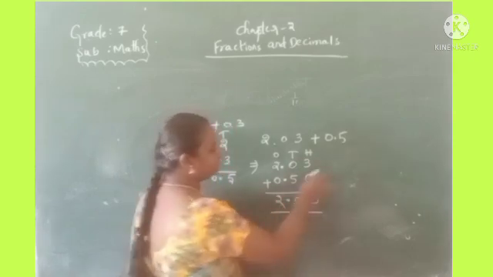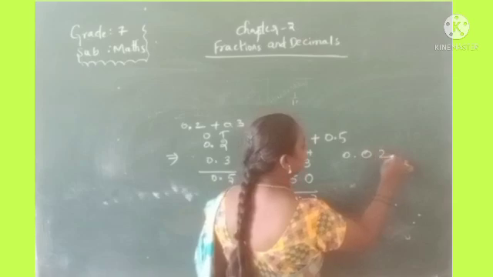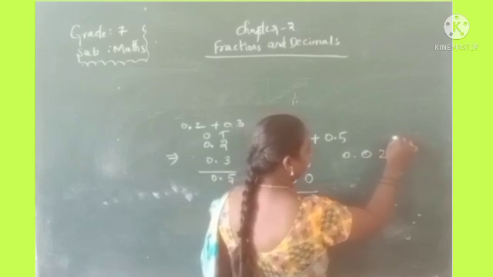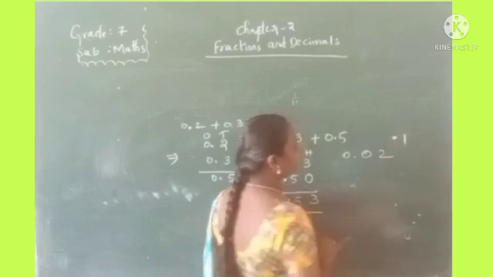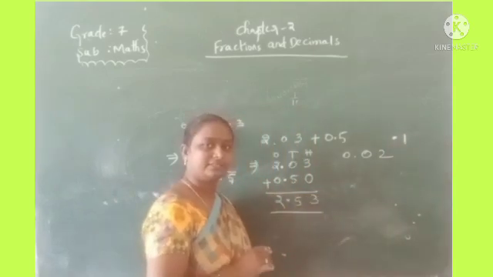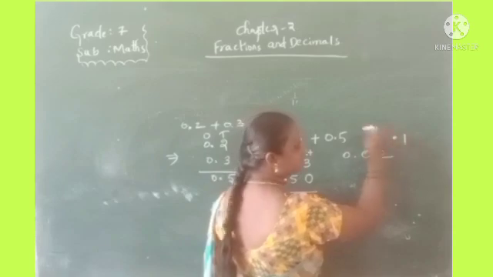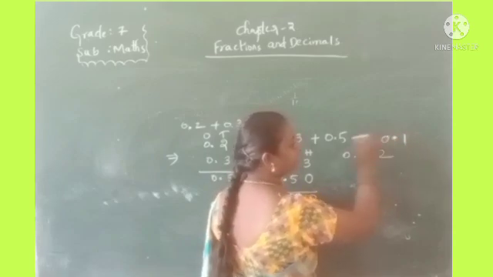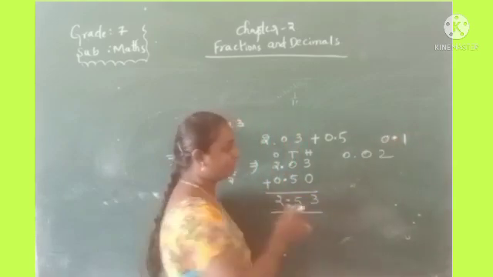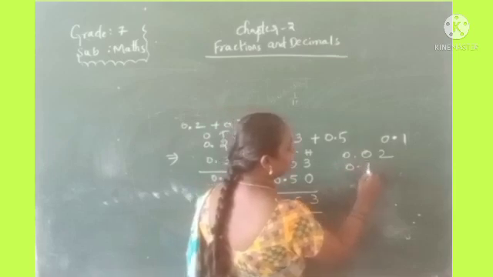So 2.53. Suppose 0.02 and 0.1 are given here. How to add? On the left side of the decimal point there is no whole number part. There, what did I say to you? Add 0. Then 0.1.